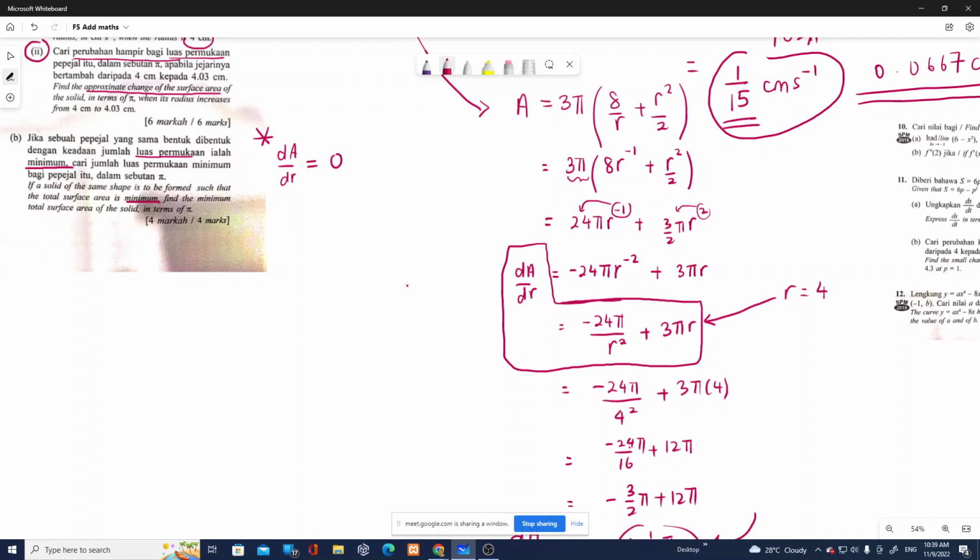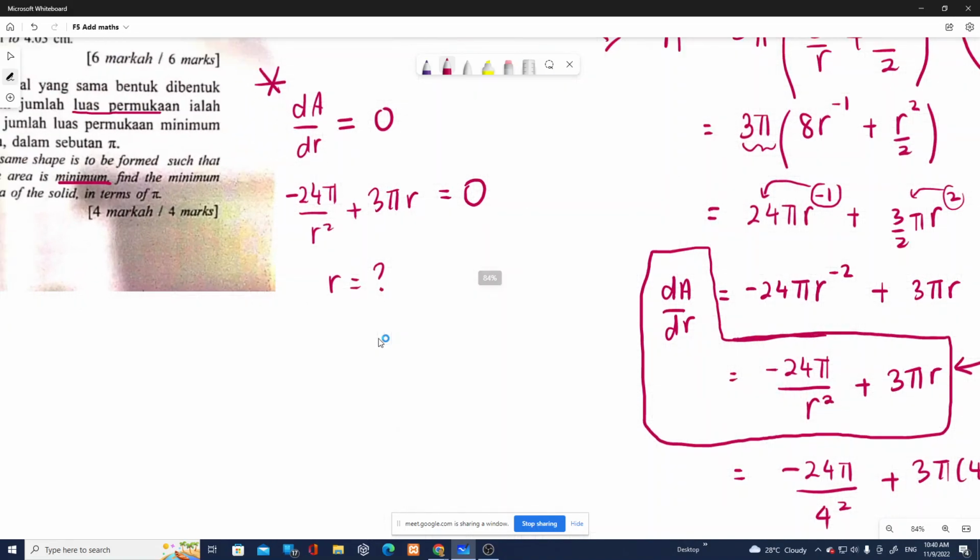Bukan 4. So, kita kena gantikan dA per dR dengan negatif 24 pi bagi R square tambah dengan 3 pi R. Lepas tu samakan dengan kosong. Dan kita kena selesaikan ini untuk cari nilai R kita.